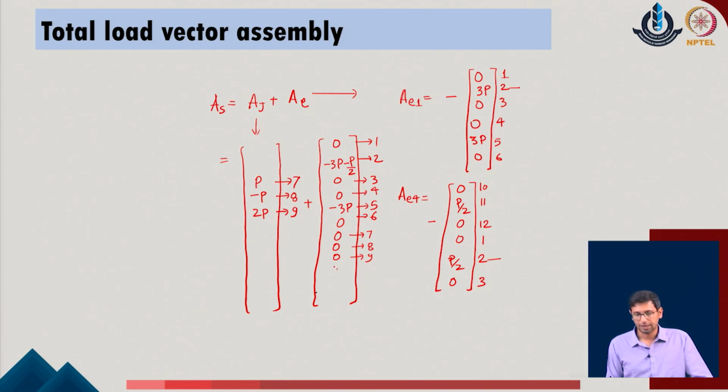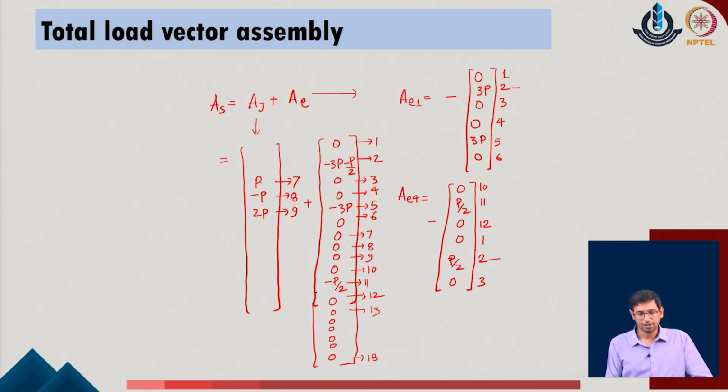And then 10, 11 and 12, in that we got the value of 0, minus p by 2 and 0. Beyond 12 up to 18, we have everything 0. Right. So, this is 13 to 18 in the given system.